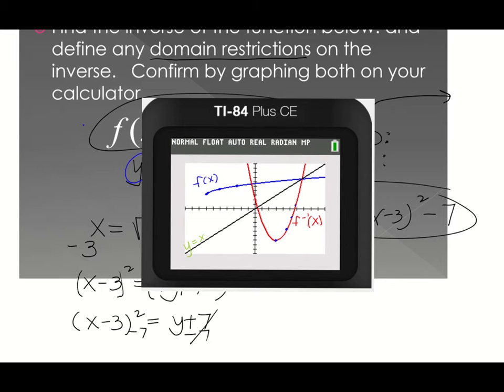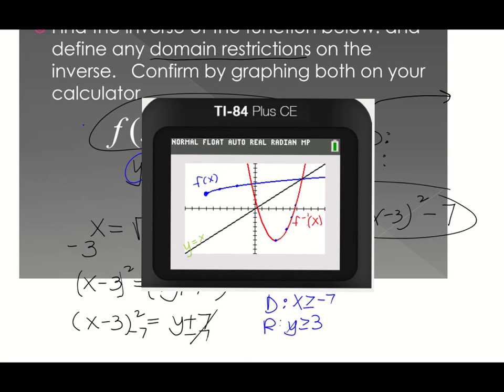So if we look at our original function and we state our domain and range, our domain is all x values at negative 7 or greater. So x has to be greater than or equal to negative 7. Our y values start at 3 and are greater. So our range is our y values have to be greater than or equal to 3.